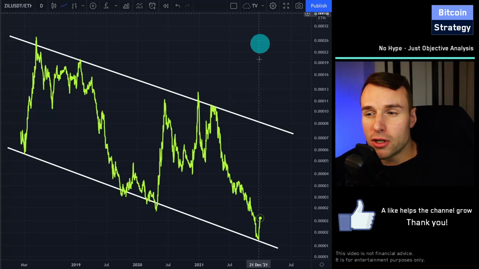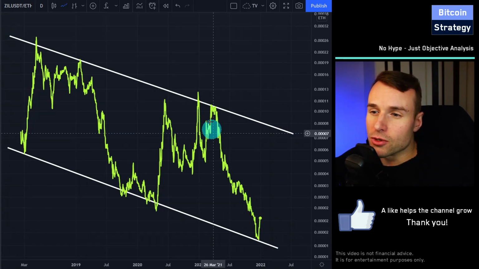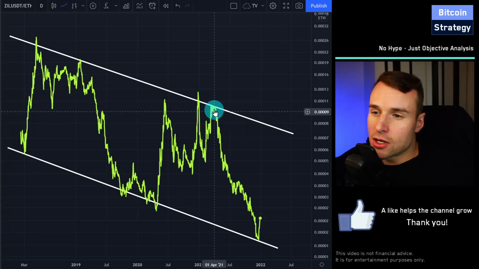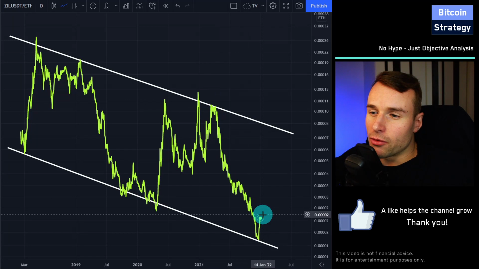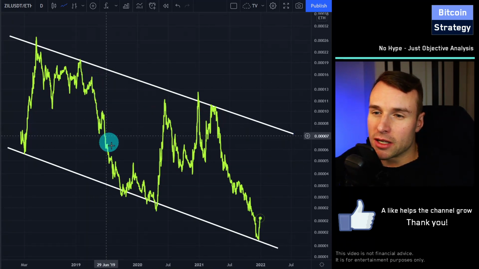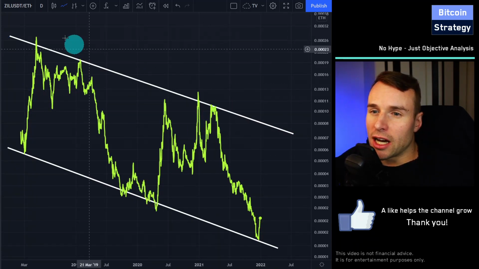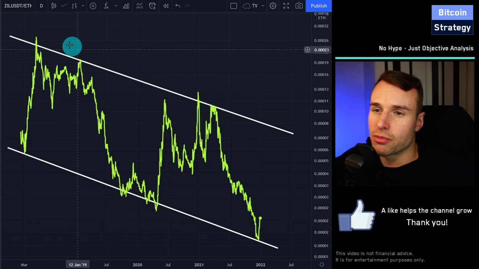So if we get positive news, we might go up way further than if we get negative news, because already a lot of negativity has been priced in. So it's simply a game of odds, a game of risk versus reward. And you obviously want to buy when everybody is pessimistic on something rather than when an asset is already hyped, when it's very close to its prior highs.